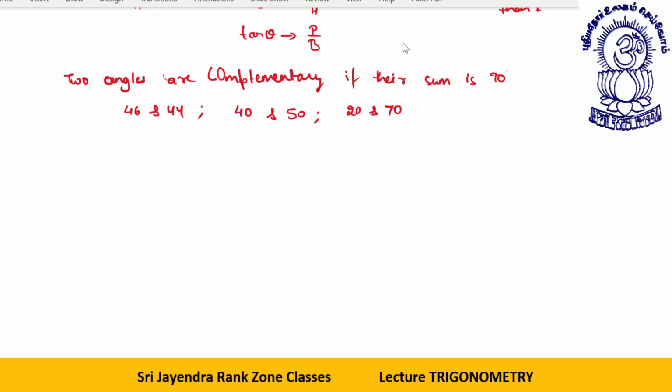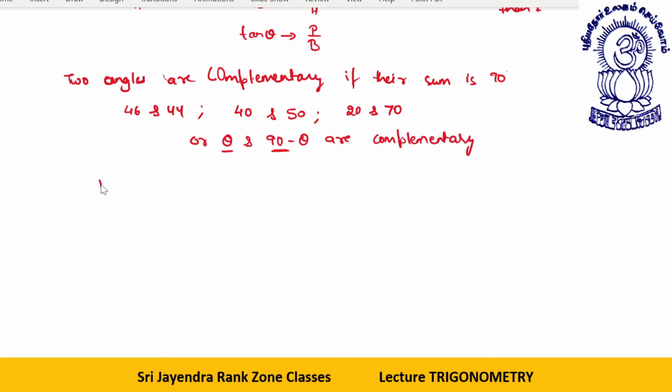Clear to all? I'm sure it must be clear to all of you. Fine, dear students. Theta and 90 minus theta are complementary.